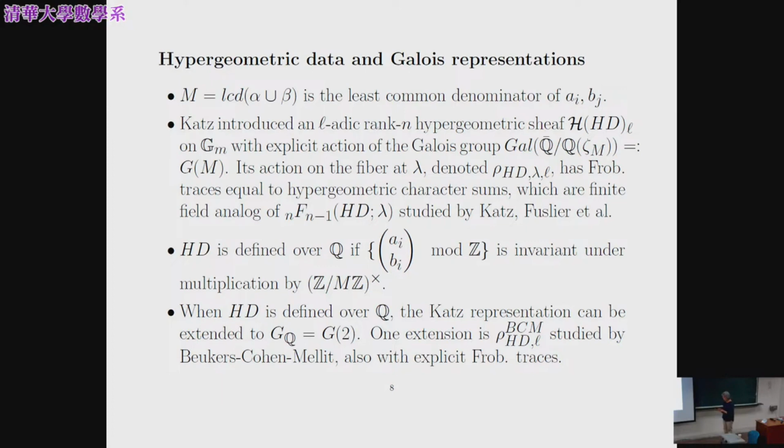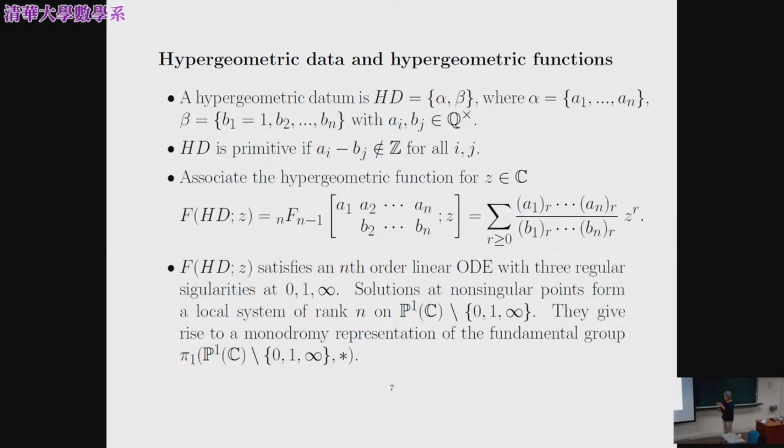So let me say a few words about this. We saw the analogy, but there are also some differences. The first difference is that on the complex side, the hypergeometric function is independent of the order of the AIs and the BJs. But for the representation, it does depend on the order.